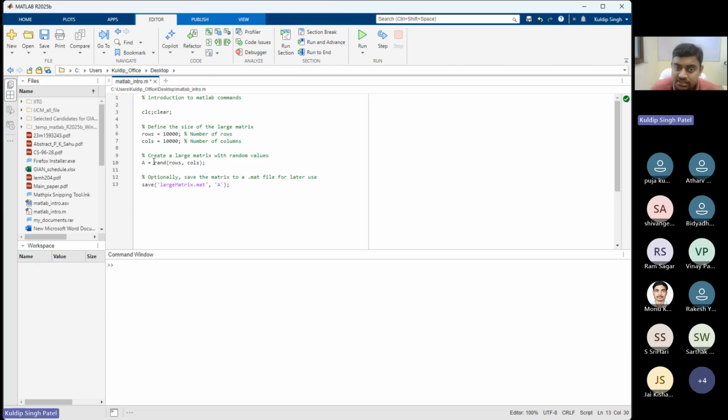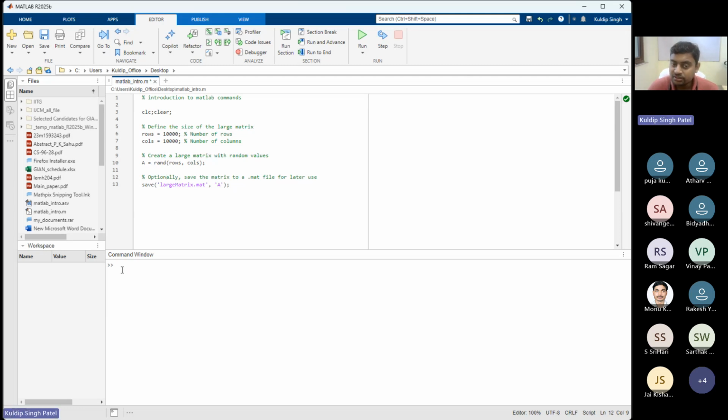And what is this rand? What is this function? We will discuss in detail that MATLAB has so many inbuilt functions. What does it mean by inbuilt functions? Just like this rand.